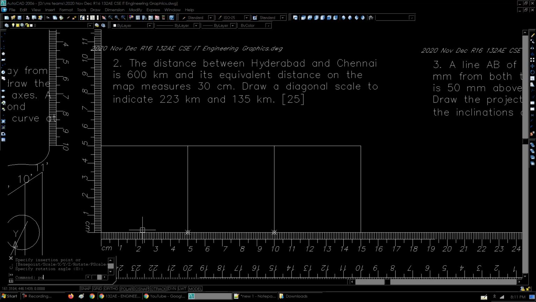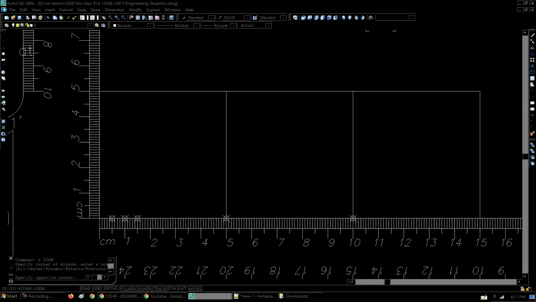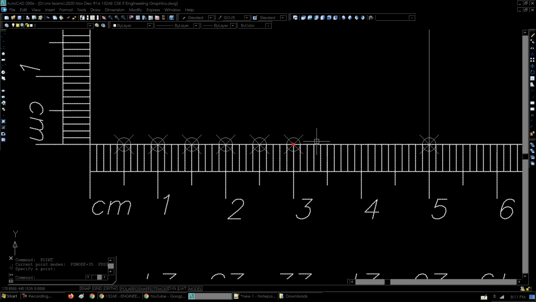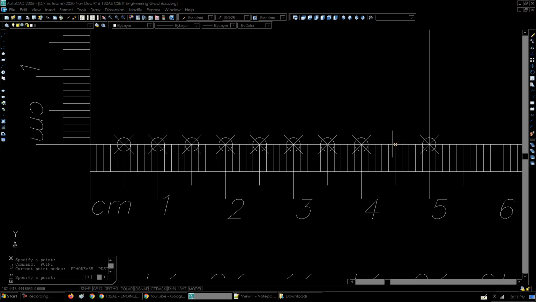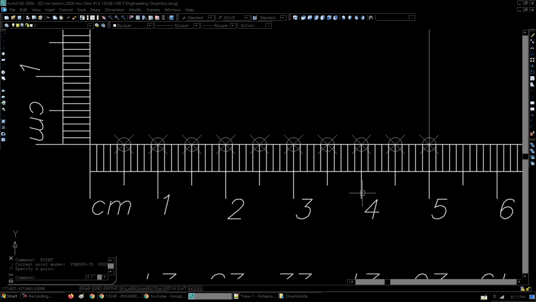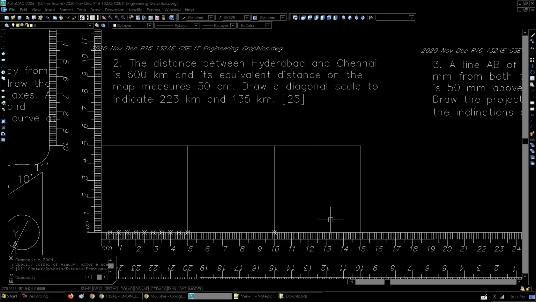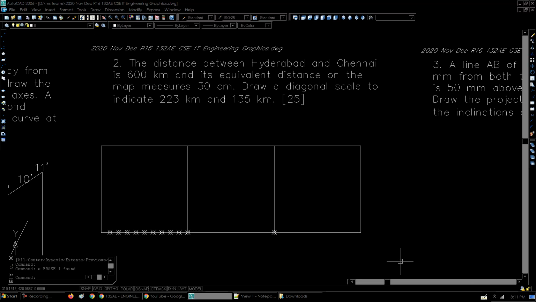I'll take points at these divisions. So all these subdivisions appear at a distance of 0.5 gap. So we now have the 10 subdivisions within the first division. We can take away the drafter.